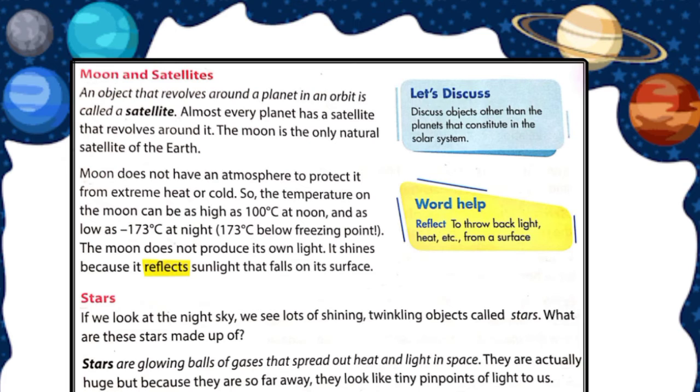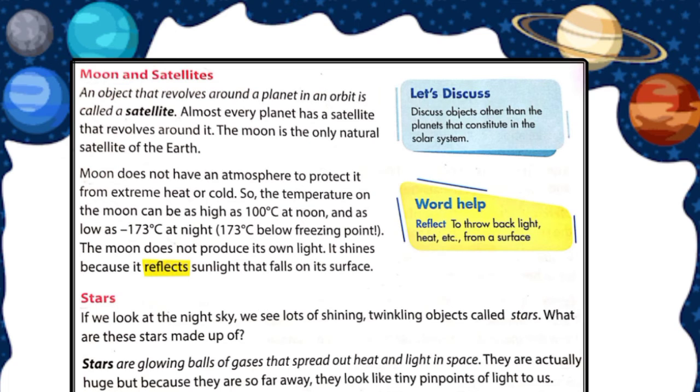Now, what is a star? If we look at the night sky, we see lots of shining, twinkling objects called stars. What are these stars made up of? Stars are glowing balls of gases that spread out heat and light in space.